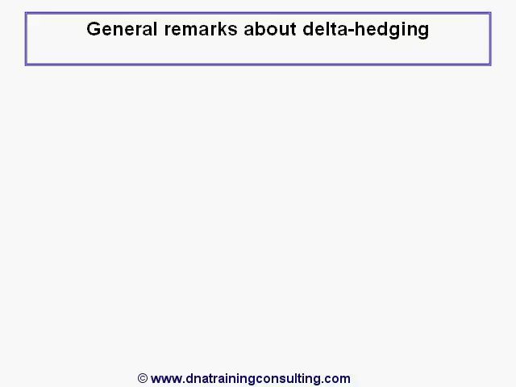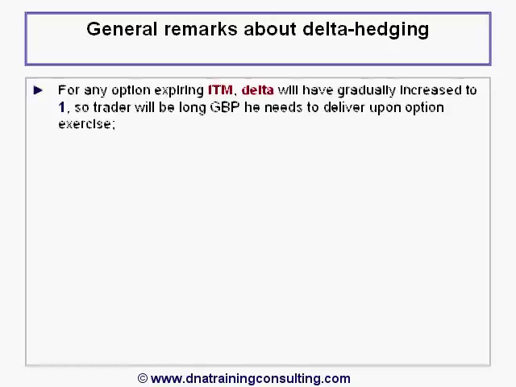Let's make a number of observations about this delta hedging process. First, even if the option is only very slightly in the money at expiration, its delta will have gradually increased towards 1 as it approached expiration.